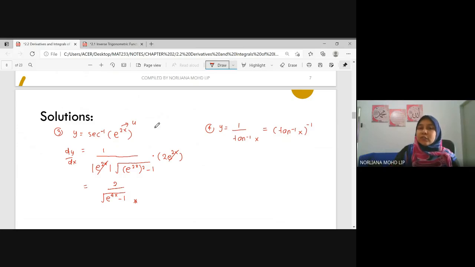Boleh tak? Ni soalan dia original ni, tukar bentuk ni. Y equal to tangent inverse x power of negative 1.